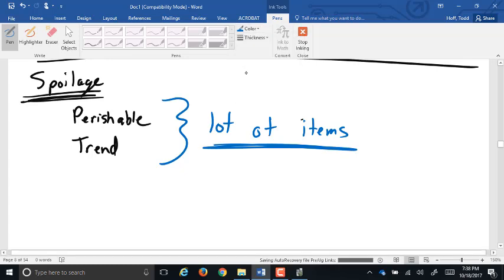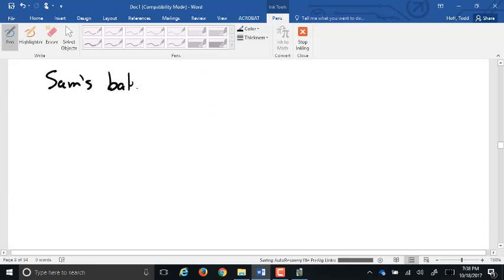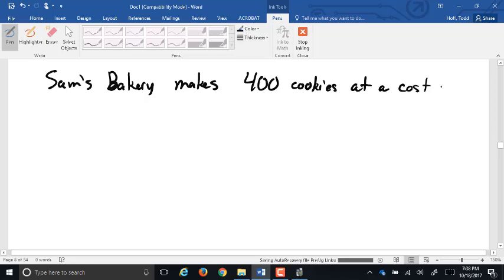So let's look at an example. Sam's Bakery makes 400 cookies at a cost of 20 cents each.